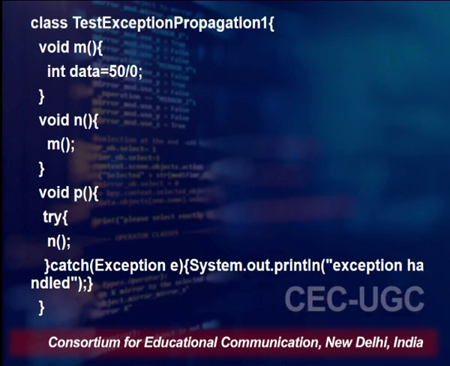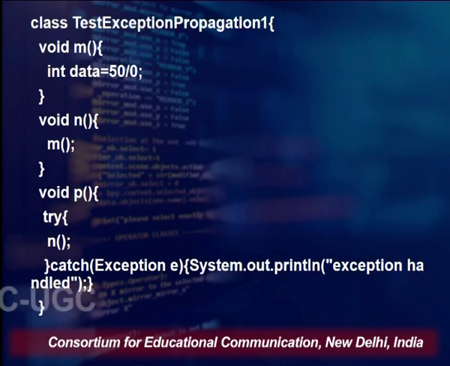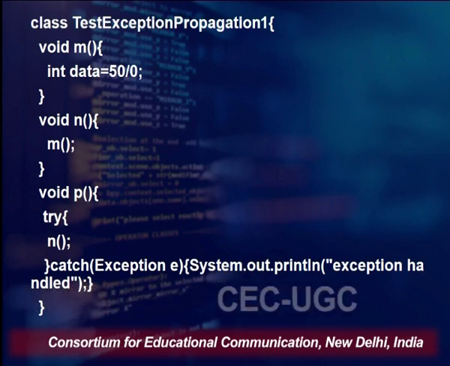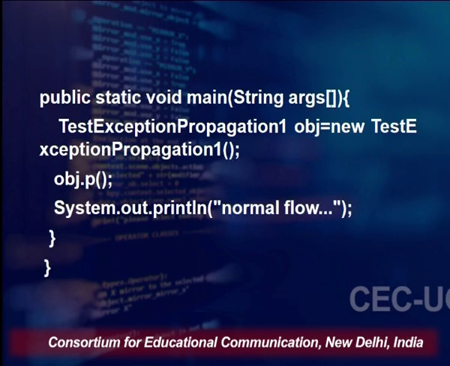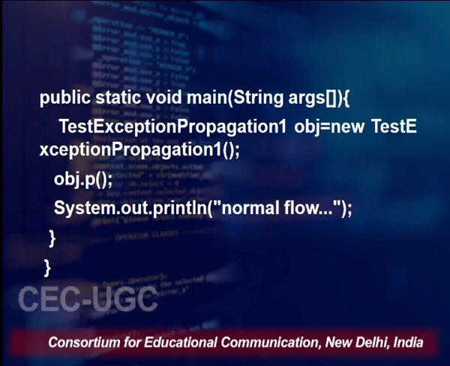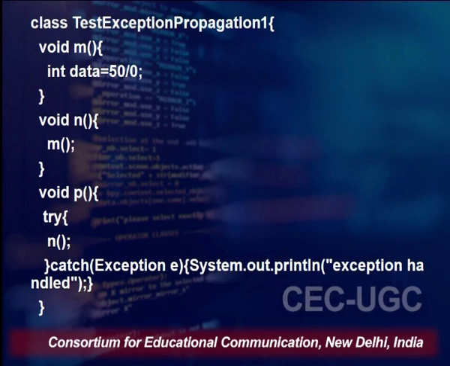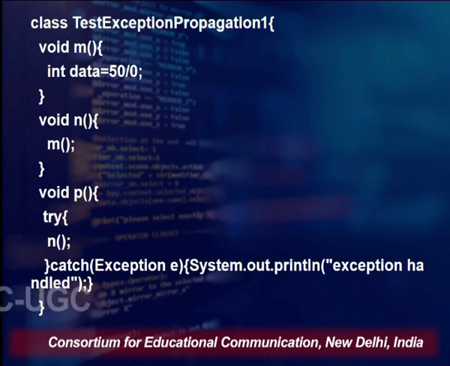M is not able to handle the exception, neither is n. So p will be handling the exception, and p is being called within the main method. So finally as an output we are going to get the statement exception has handled, and the statement which says normal flow.